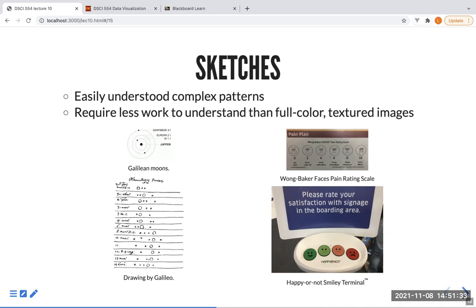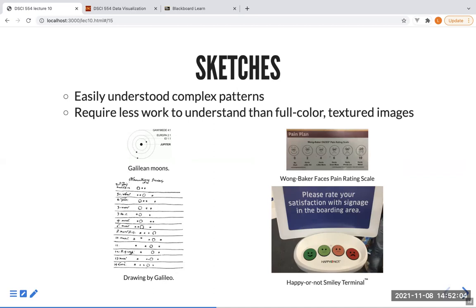So the top example there is a medical scale for pain that you might see in hospitals. That is called the Wong-Baker faces. This one I snapped at the airport. You've probably seen those. It's a customer satisfaction display where you basically say how happy you are with the services that are provided to you.